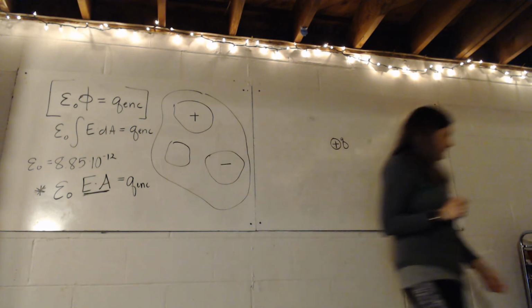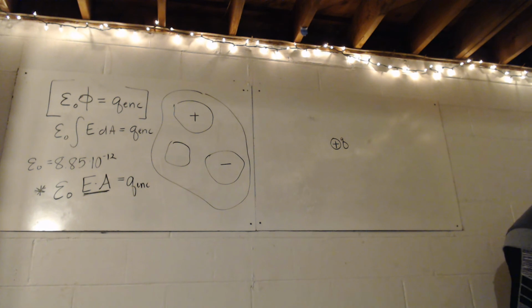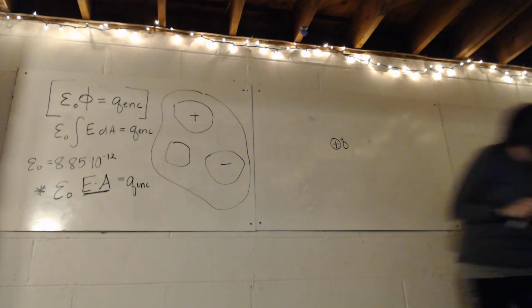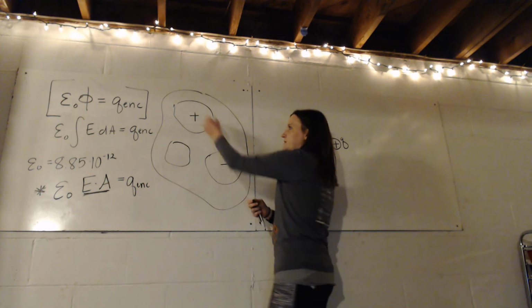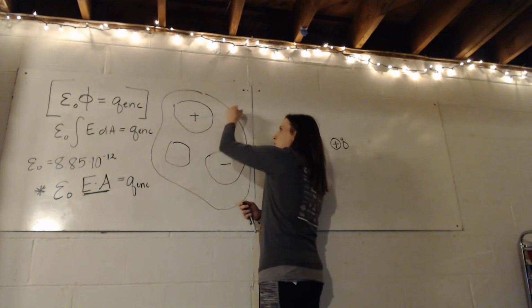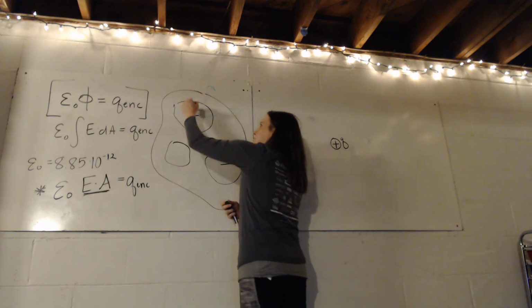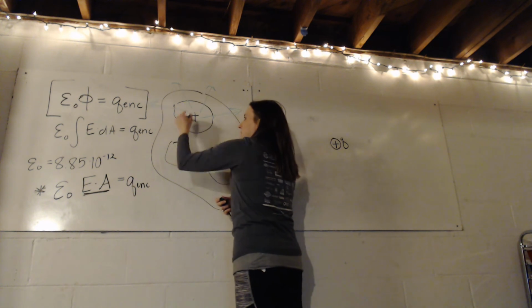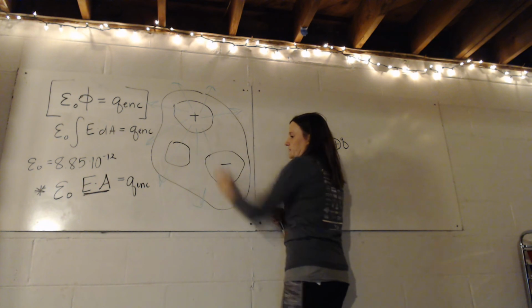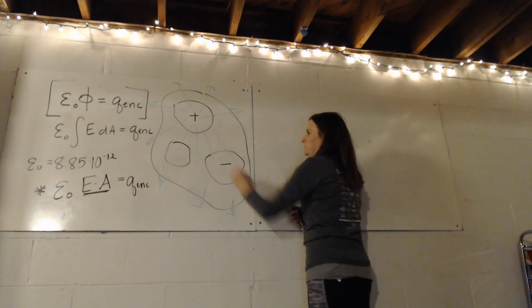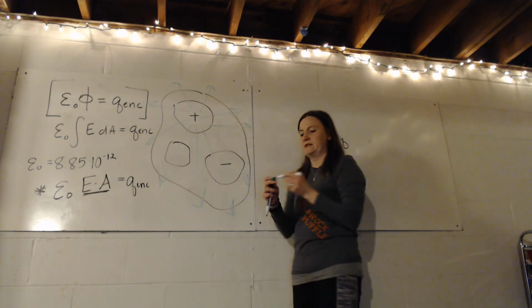If I draw electric field lines, let me grab a different color here, from these charges: this is a positive charge, so field lines go out from positive charges. I'm just drawing it all the way through each surface, something like that.